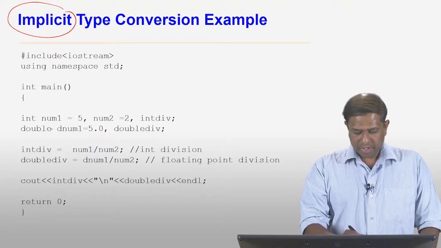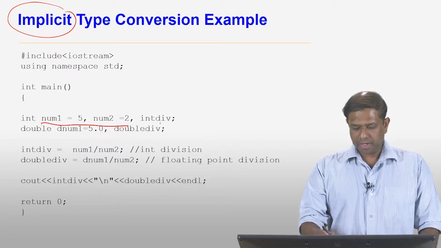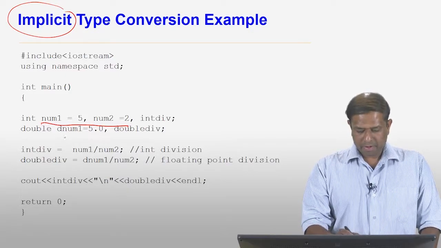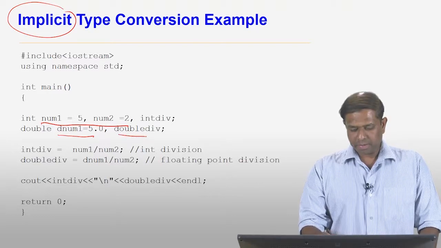Let us run through this program and see how it does the evaluation. Here we have three integer values: num1, num2 and int dev, and then two double values: dnum1 and double dev.